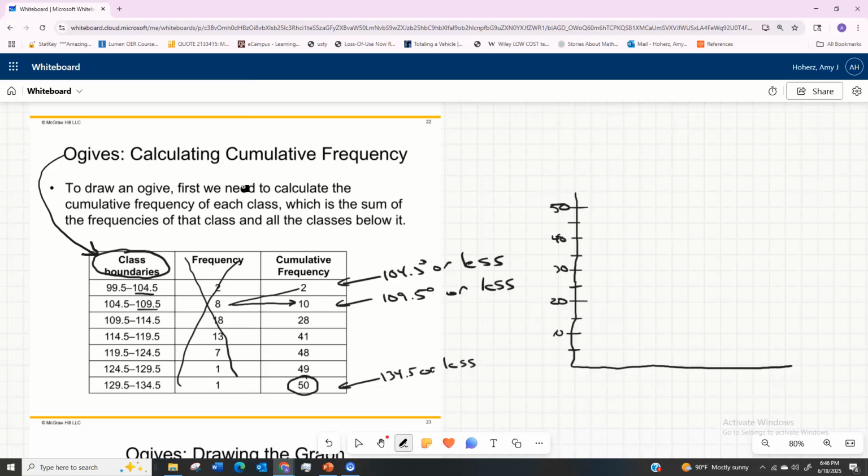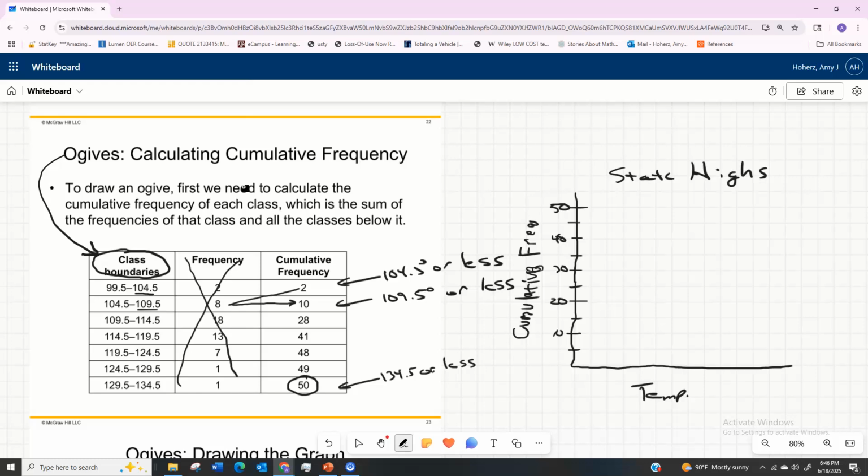And this would be the cumulative frequency. And then this still would be temperatures and this would still be state highs.